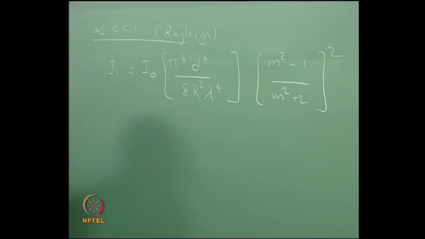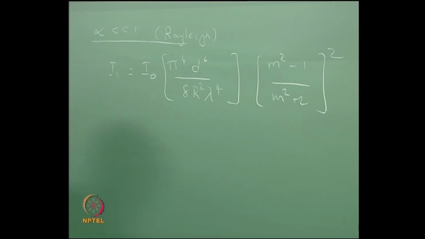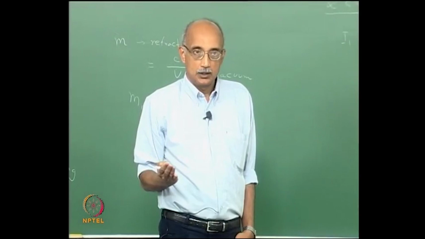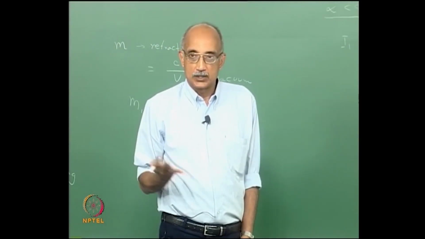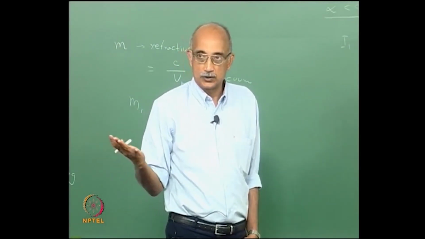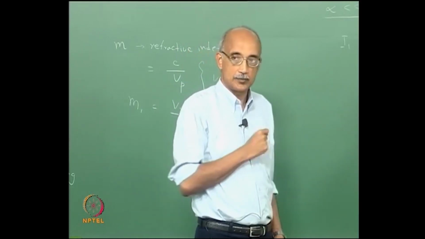I do not expect you to remember the formula, but make sure you understand the functional dependencies that you see here. The first thing is I1, which is scattering in a perpendicular plane to the scattering plane, is not theta dependent. It is a constant value for all theta. So, the scattering angle does not enter as a parameter.